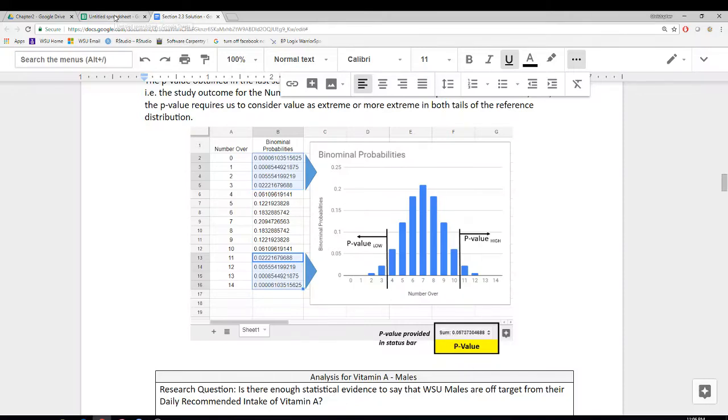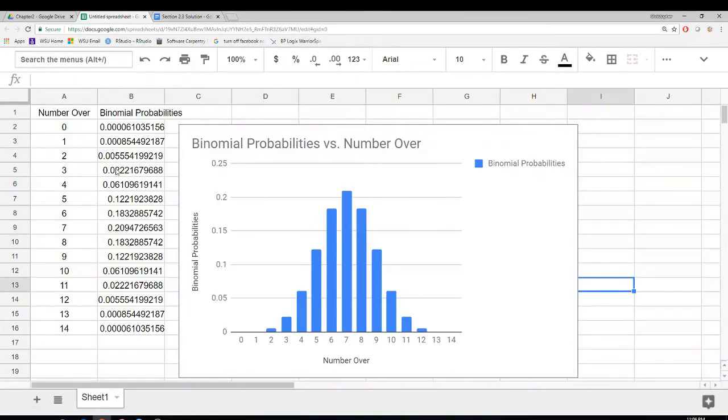So let's go back over into my spreadsheet. I need to highlight values 3, 2, 1, and 0 here, those corresponding probability values. I'm using a PC, so I'm going to hold the control button down. I think on a Mac you use the Apple button, if I'm not mistaken. Then I need to highlight values 11, 12, 13, and 14. These values up here are going to be p-value low, and these probabilities down here are going to be p-value high.